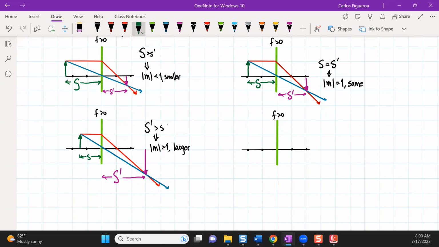Excuse me, the same thing happens even if I have a virtual image. Look what happens. Here's my object right here, and you could see that distance is going to be really tiny. That's going to be my object. Now let's look at our ray diagram. I've got to follow it back. It goes like this, then I follow it back.